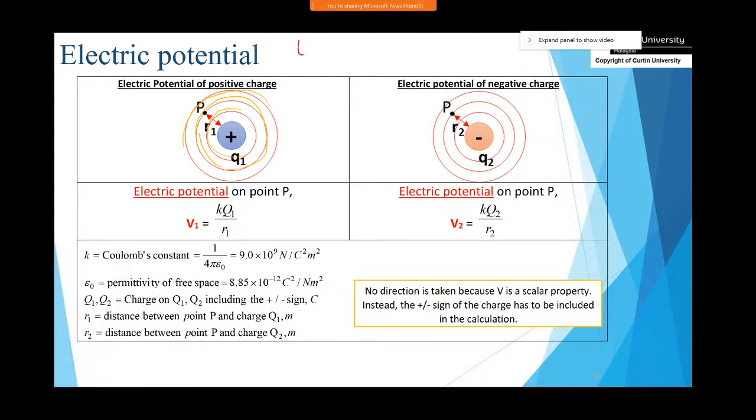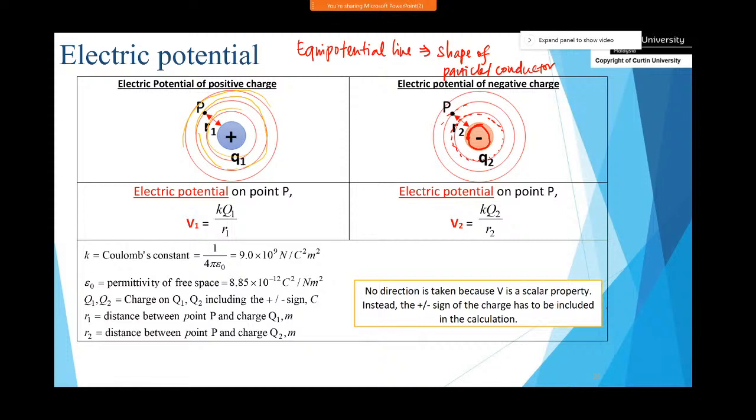So the equipotential line always follows the shape of the particle or conductor. So if this is your charged particle, which is round, then your equipotential line will be mimicking the shape of your particle, which is also round. So if you remember, your electric field is perpendicular to the shape of the particle or the conductor.